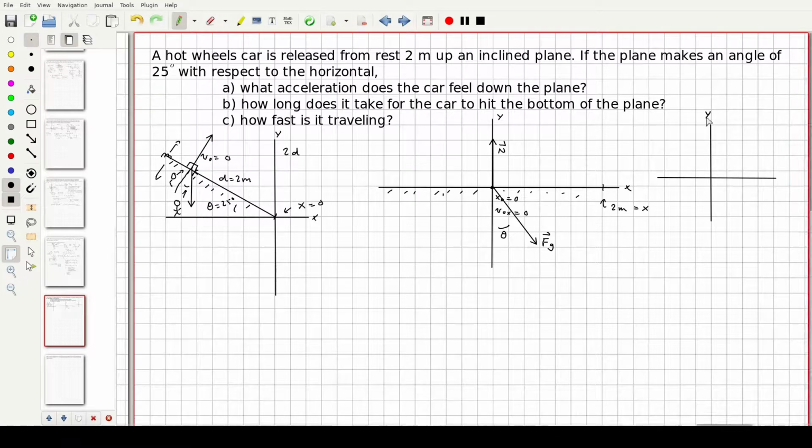This is y, and this is x, based off of our new picture right here. There is a normal force that points up. And there is gravity that points off to the side like this. This is theta.